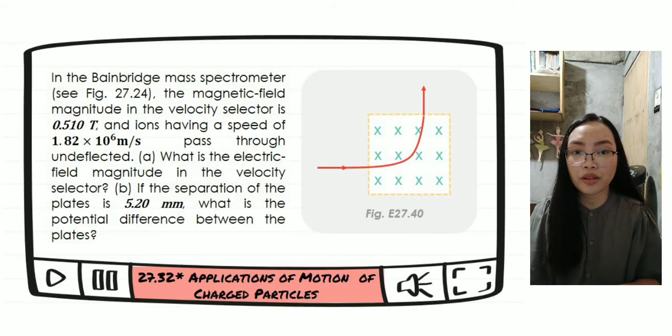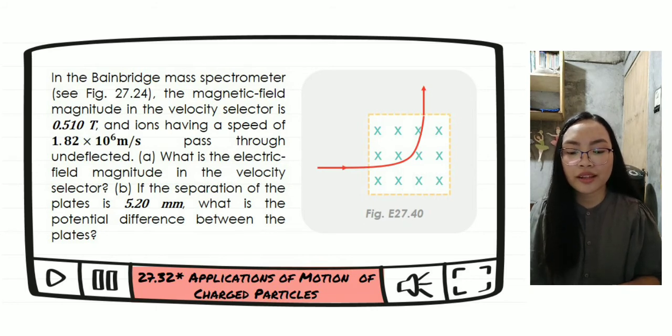For the last problem, we will use the same figure as our problem number 2. This problem is from item 27.32, which deals with applications of motion of charged particles.